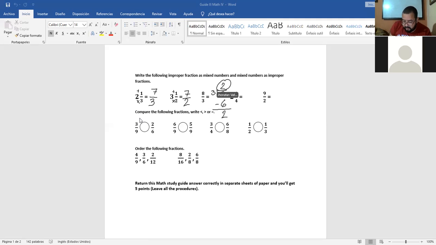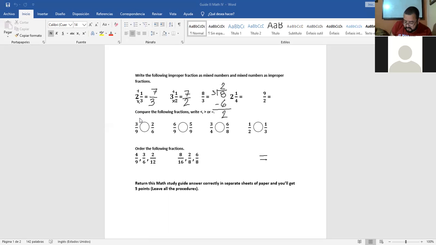With these 3 numbers, we are going to make the mixed number. Sorry, let me write 3 again here. Okay, let me write the answer here. You're going to write your answer in this space, but I don't have a space there to do it. Look, this 2 is going to be our whole number.